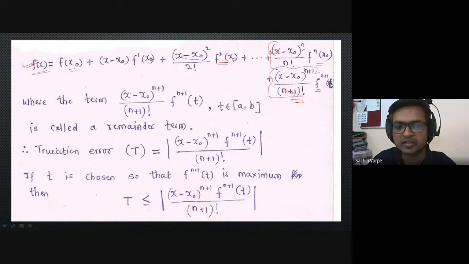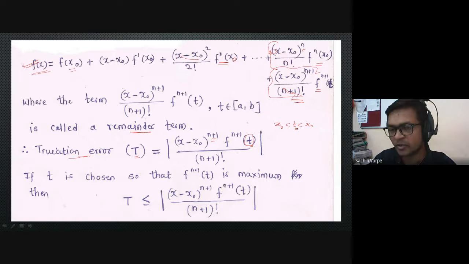You can see that is the remainder term, and it gives us the error involved in the process. That error is called truncation error, denoted by T, and it is the modulus of this last term: (x minus x0) raised to n plus 1 upon (n plus 1) factorial, the (n plus 1)th derivative at t. Now what is this t? This t varies from x0 to x, so x0 is less than t is less than x.